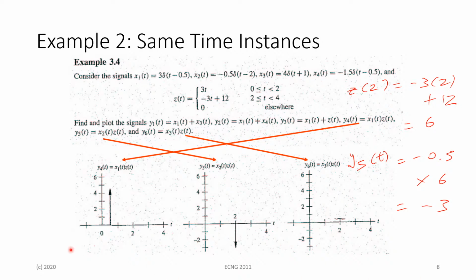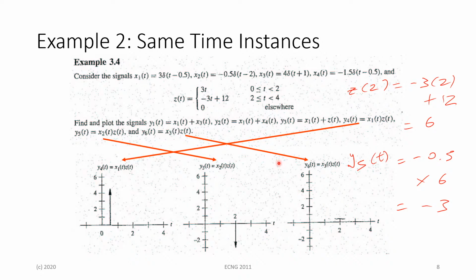Yeah, sure. For you to have a result from multiplication of an impulse signal with an arbitrary signal, the impulse must intersect with the arbitrary signal where the arbitrary signal exists.